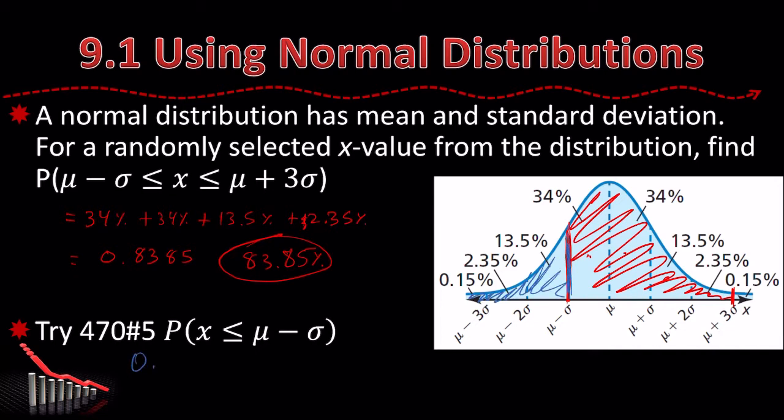So it's the 0.15%, the 2.35%, and the 13.5%, which gives you 16%.